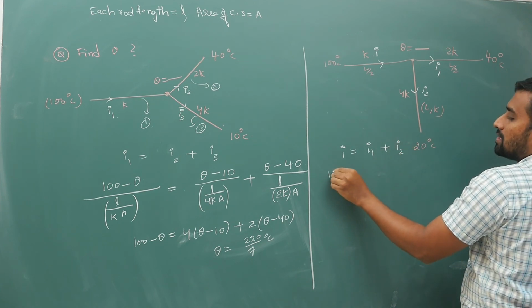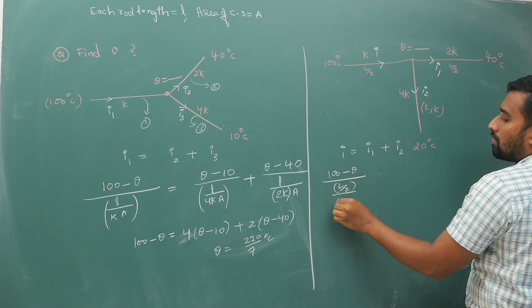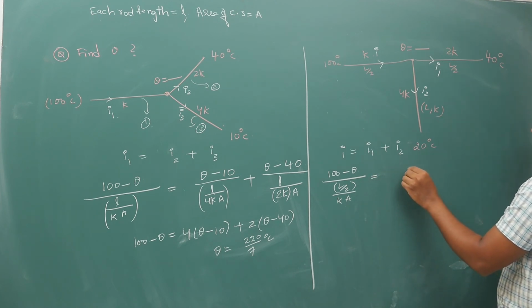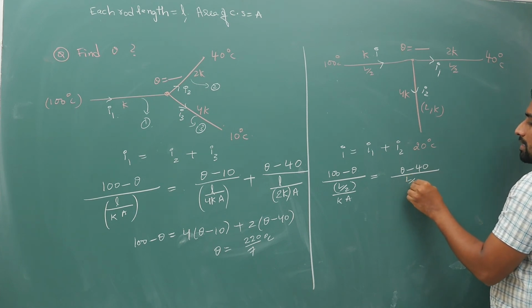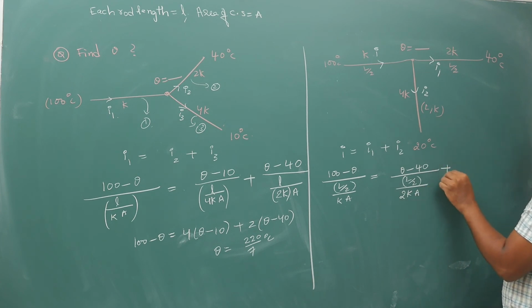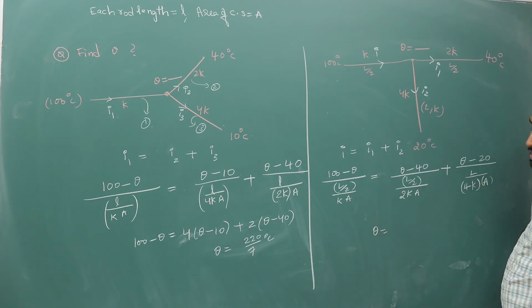I value is (100 minus theta) by length L by 2 whole divided by K into A, that is equal to I1, that is (theta minus 40) by length L by 2 whole divided by 2K into A, plus (theta minus 20) whole divided by L by 4K is the thermal conductivity into area A. From here solve for theta.